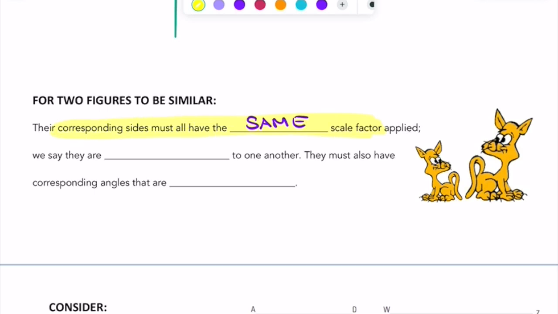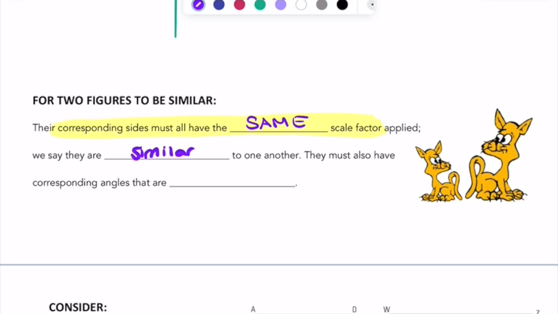Remember, corresponding sides would be like measuring height with height, or length with length, or width with width, or biggest length with biggest length, and smallest side with smallest side. That's what corresponding sides mean. I'm talking about the same measurement, but the scale factor has to be the same. If they have that, then we typically do say that they are similar to each other.